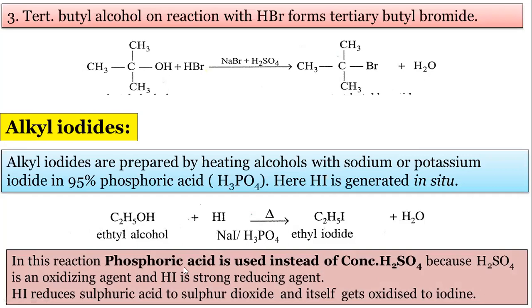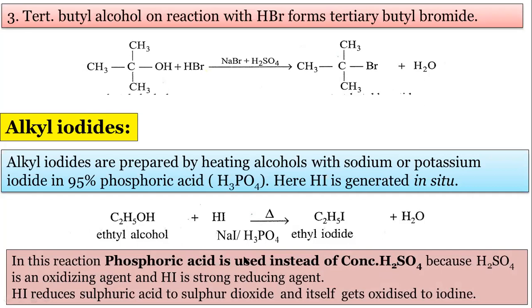In this reaction, phosphoric acid is used instead of concentrated H2SO4. This reason is very important, because H2SO4 is an oxidizing agent and HI is a strong reducing agent.